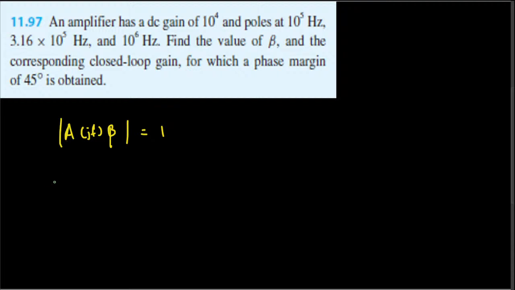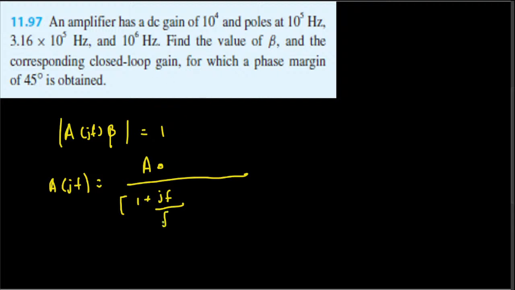This A value can be calculated using this formula, A(jf), which is A naught, the DC gain, divided by 1 plus jf divided by the pole frequencies. Here we have three pole frequencies: 10 to the power of 5 Hz, 3.16 times 10 to the power of 5 Hz, and 10 to the power of 6 Hz.